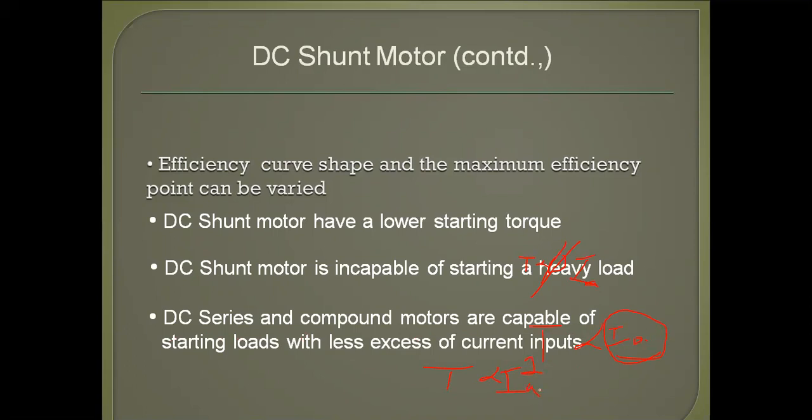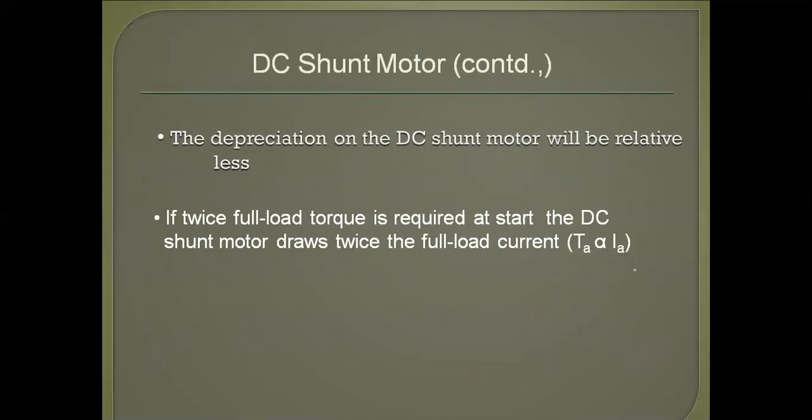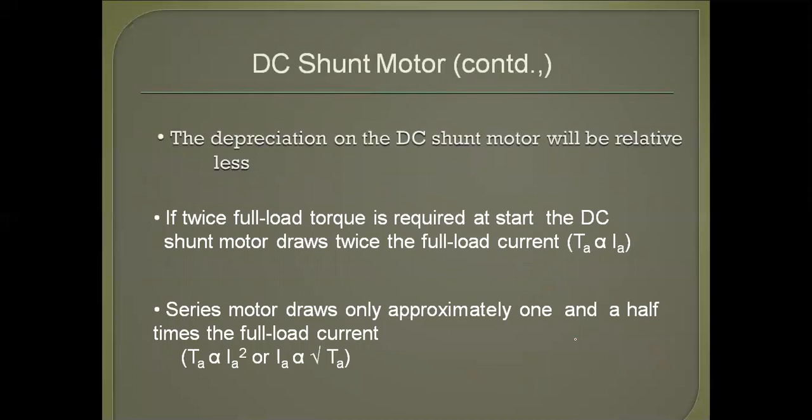With less current, they will start heavy loads, and the depreciation will be relatively less. If twice full load torque is required at start, the DC shunt motor draws twice the full load current, and the series motor draws only approximately 1.5 times the full load current. Why? Because torque is proportional to the square of the armature current, so armature current is proportional to the square root of torque.